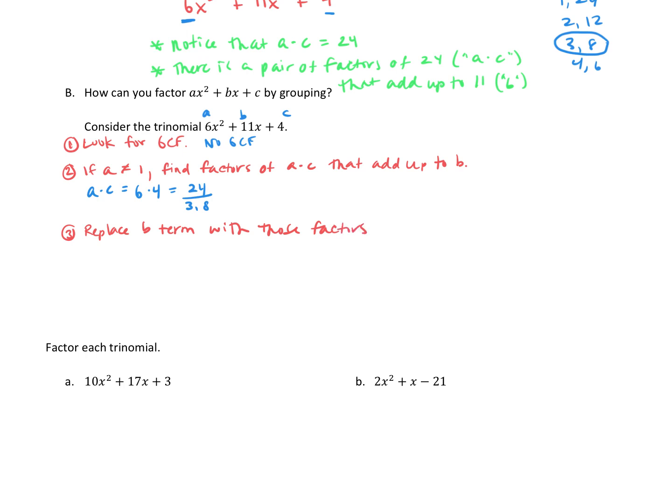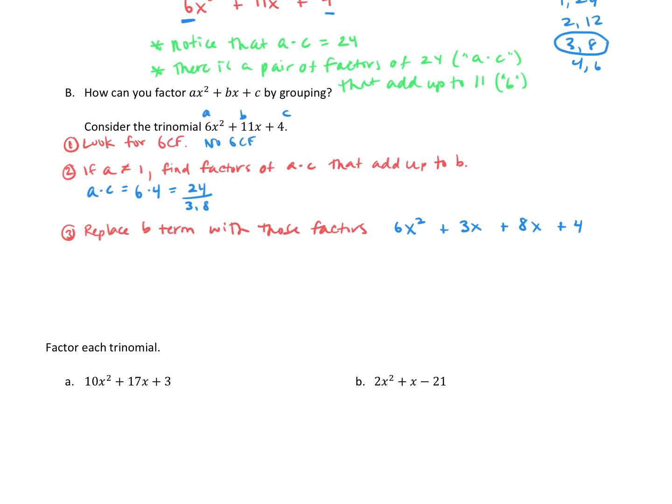So what that looks like is we're going to keep our 6x squared, and instead of writing plus 11x, we're going to write plus 3x plus 8x, and then carry down your c, plus 4. So what we did is we replaced our b term, our 11x, with those factors, 3x and 8x. 3x plus 8x is 11x. So we're just manipulating how it looks to benefit what we're trying to do here.